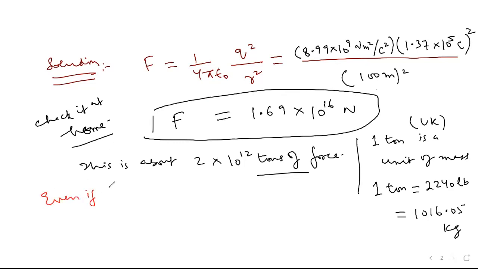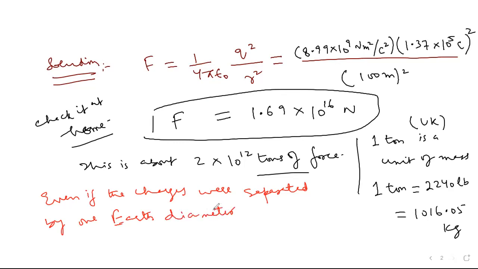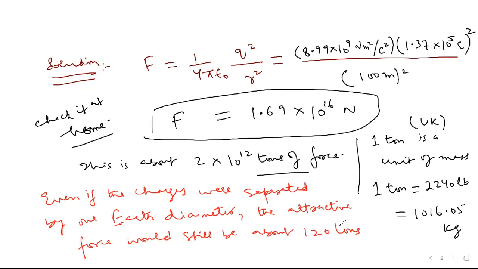Even if the charges were separated by 1 earth diameter, the attractive force would still be about 120 tons.